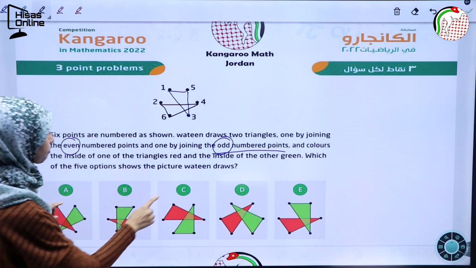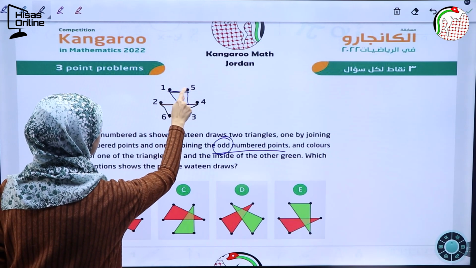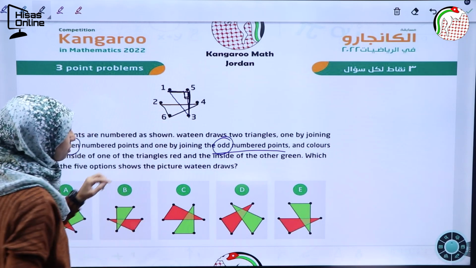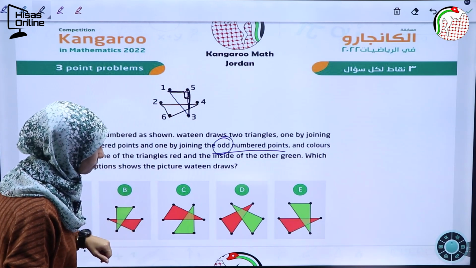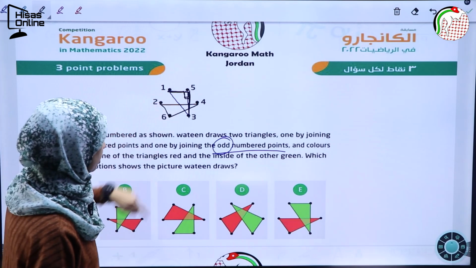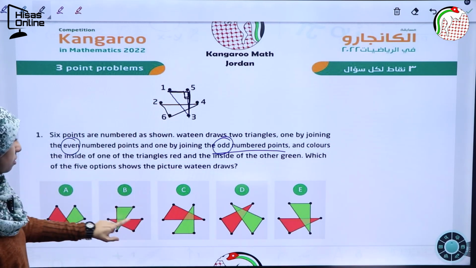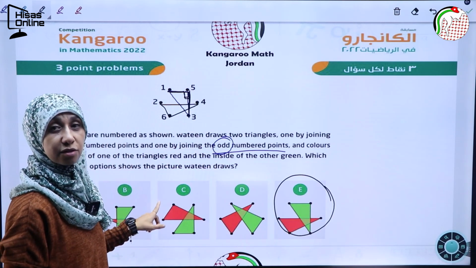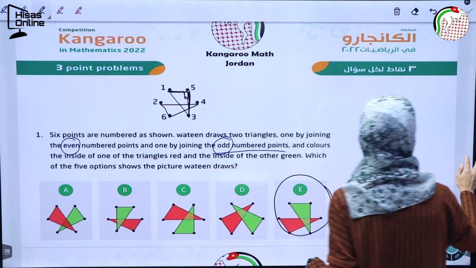I can see that this is a straight line and there's a straight line here, so I may have that right angle, and the only shape that has this situation would be not this, not this, not this, not that, and E is the right answer for this question. It was so easy.